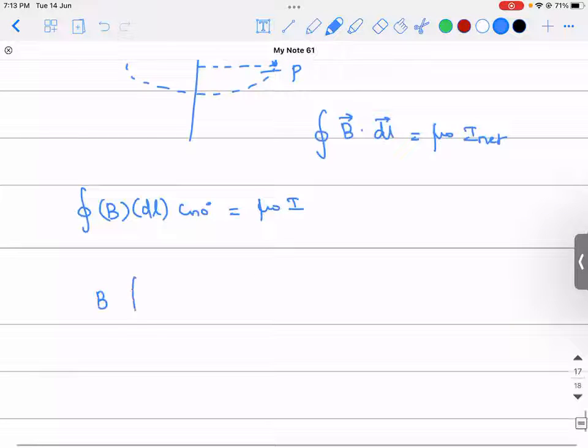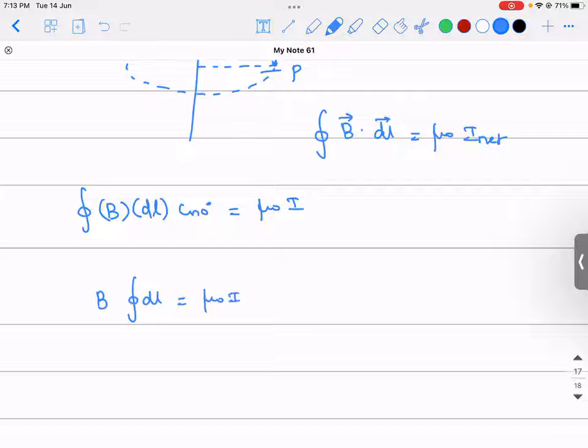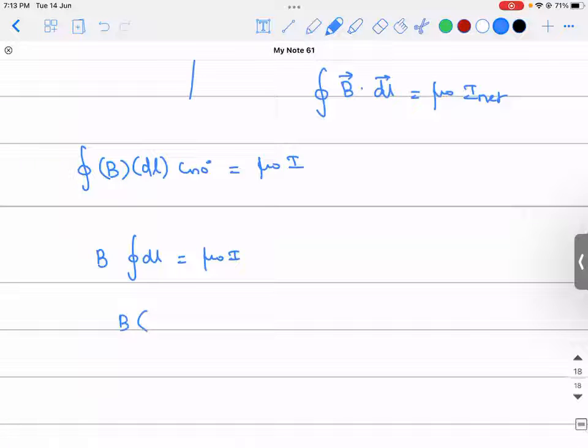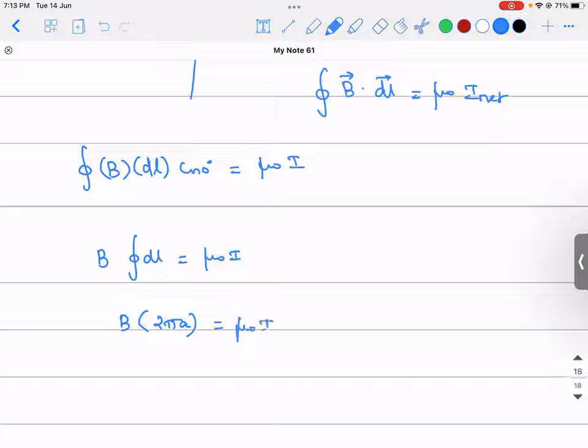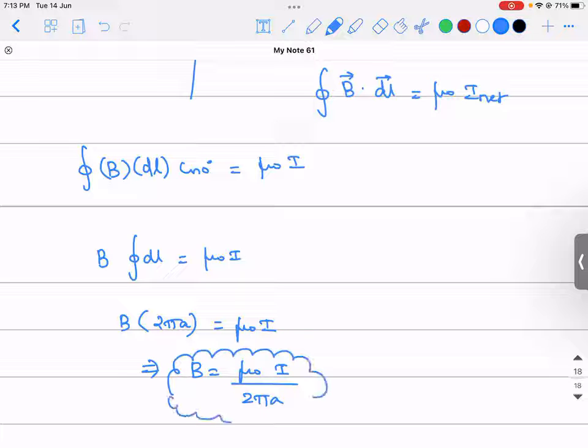If I take B outside, B into the line integral of dl is equal to mu naught I. What is the line integral of dl? It will be 2 pi A, because it is the circumference of that Amperian loop. So B into 2 pi A is equal to mu naught I, which implies B will be equal to mu naught I divided by 2 pi A. This is the value of the magnetic field due to a straight current carrying conductor of infinite length.